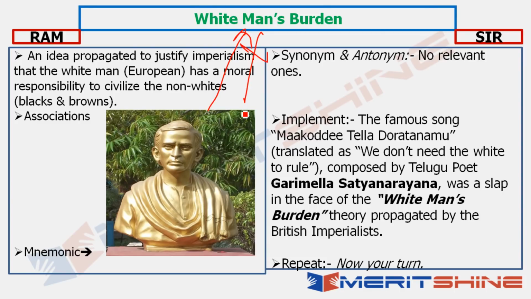So this song was a tight slap to it, and this song motivated thousands of Telugu kids to join the freedom struggle.